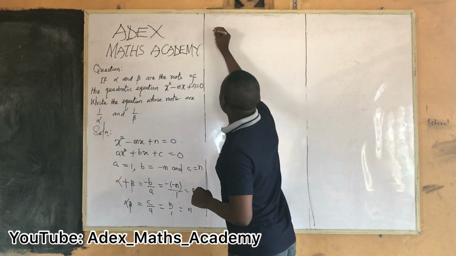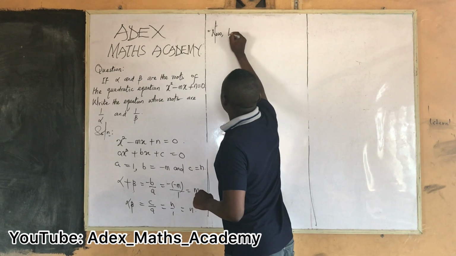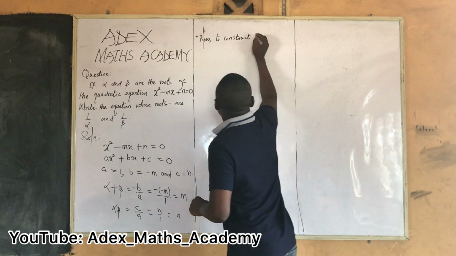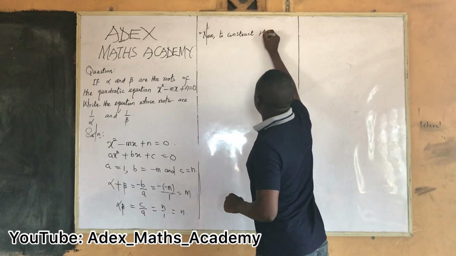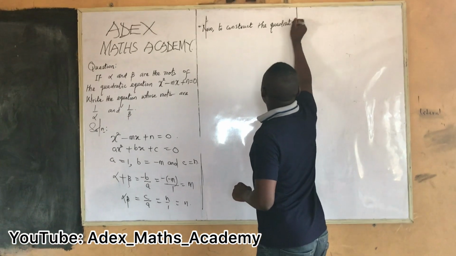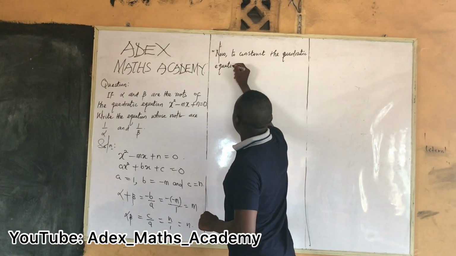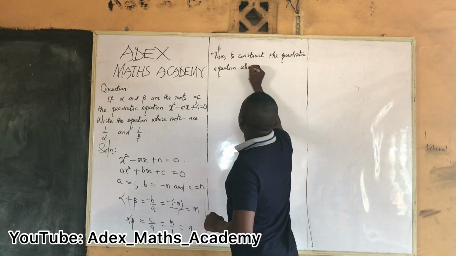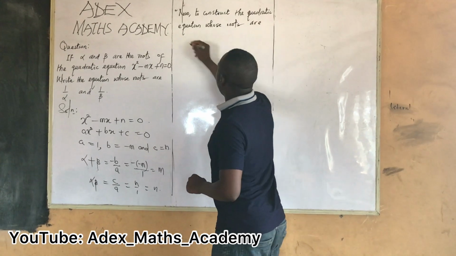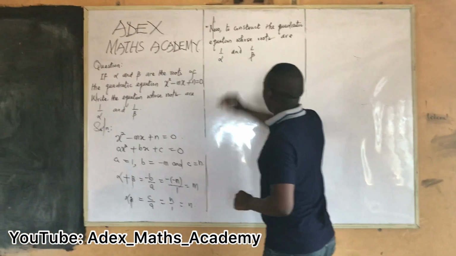Our question now is to write down the equation whose roots are 1 over alpha and 1 over beta. Now, to construct the quadratic equation whose roots are 1 over alpha and 1 over beta, what do we need to do?